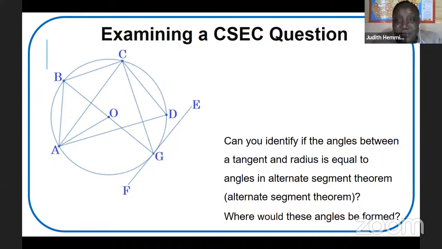We're looking at that property: angles formed between a chord and a tangent are equal to the angle in the alternate segment. All right, so we have Shaniqua saying BGF is equal to BCG. Let's verify that one.